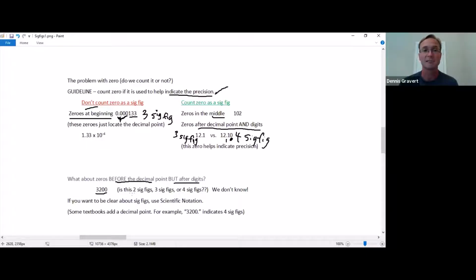Some measurements, maybe there's only 2 sig figs, just a 3 and a 2. Sometimes all the digits count, the zeros, there's 4 sig figs, and there are cases when the measurement requires that you only use 3 sig figs because that's how precise the measurement was done. How do you know? You really need to switch to scientific notation, right?